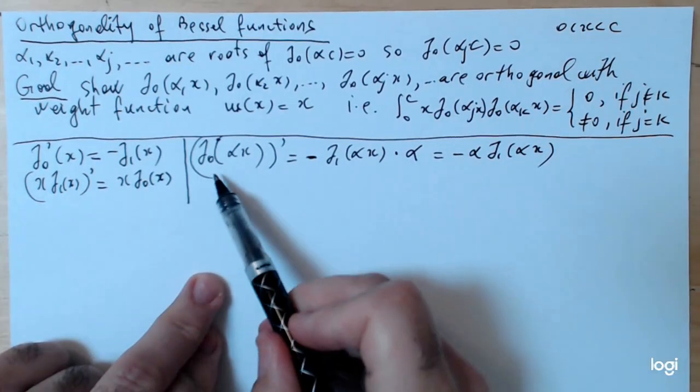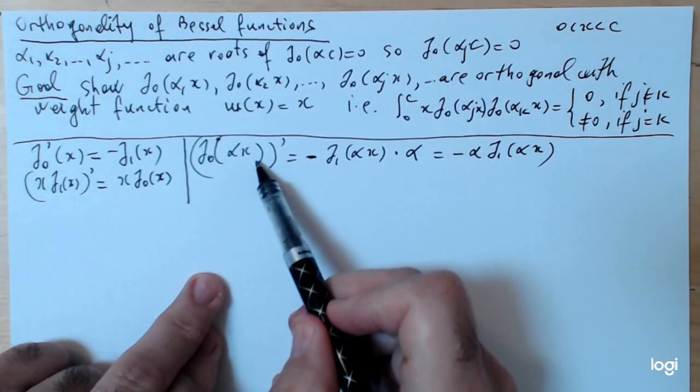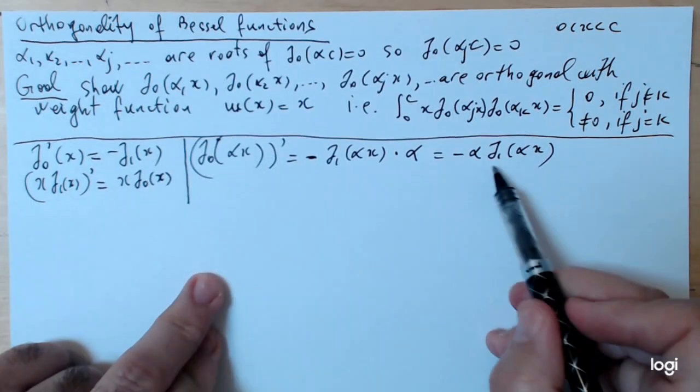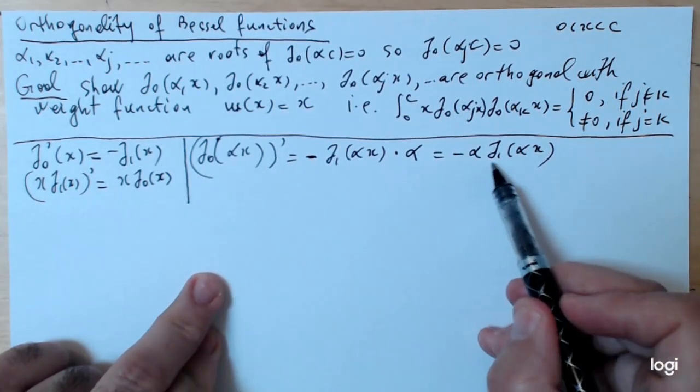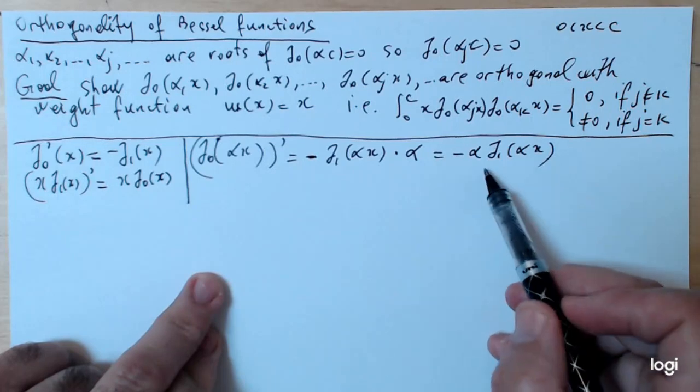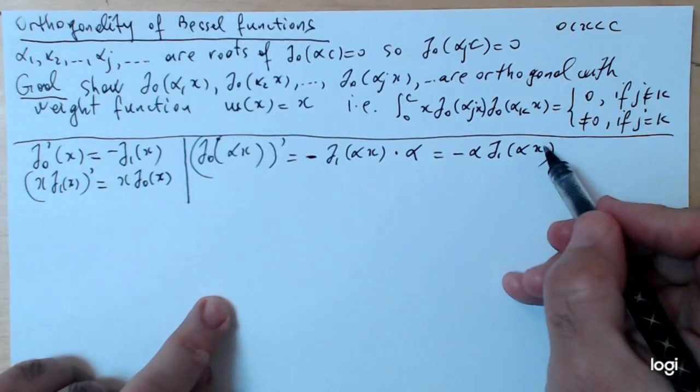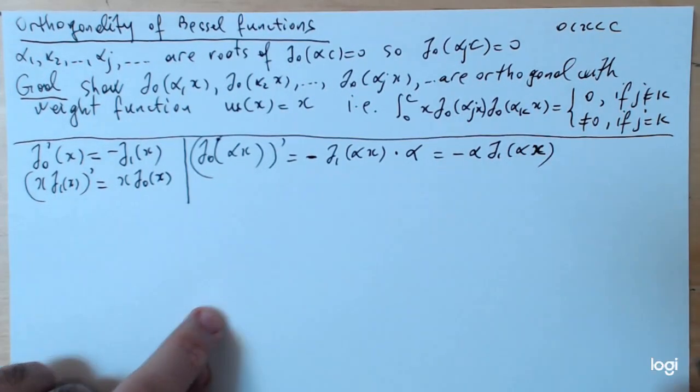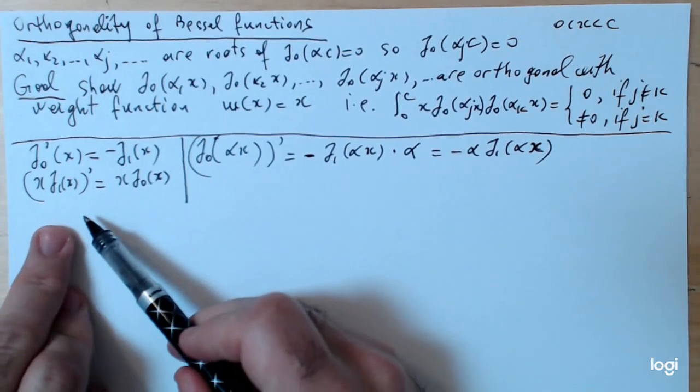So if you have to differentiate J0 of a constant times x instead of just x, one ends up with not just minus J1 of alpha x, but minus alpha J1 of alpha x. This is nothing but the chain rule attached to the differentiation rules you have here.